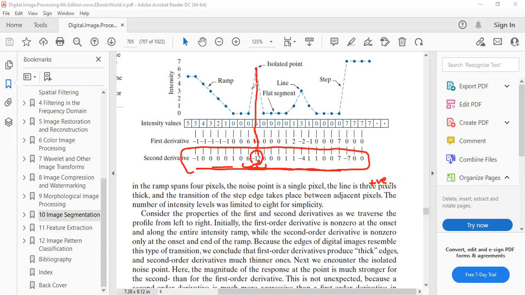And again same here also, we get minus 4 and both sides are positive values. At that condition we have one more isolated point.